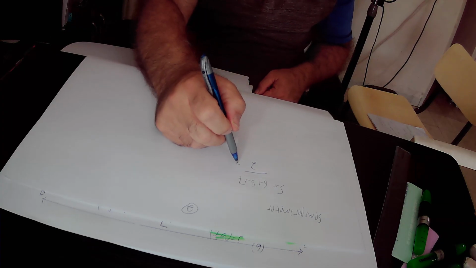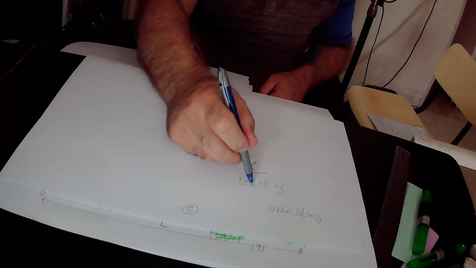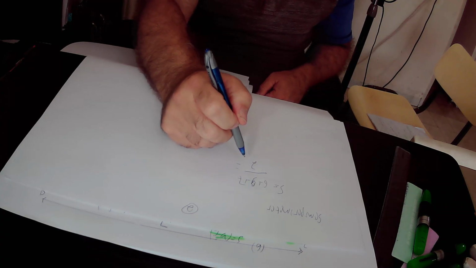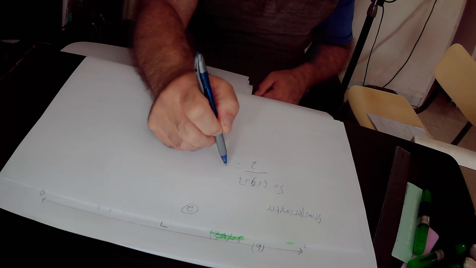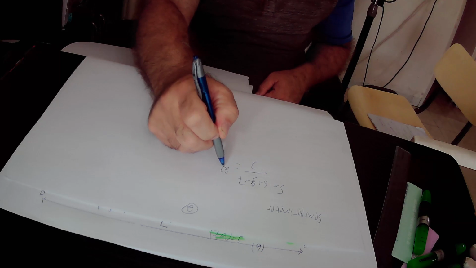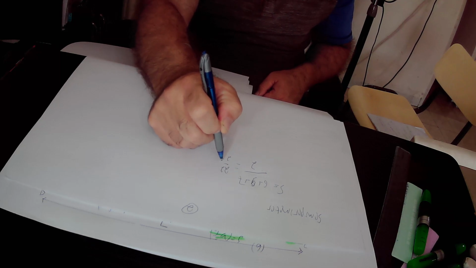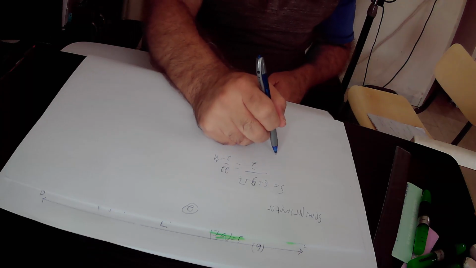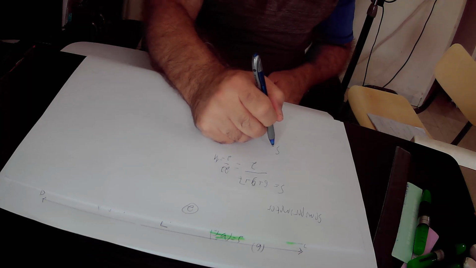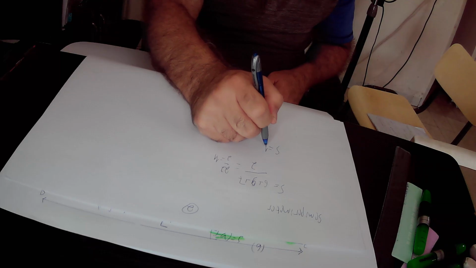So S equals 6 plus 9 is 15, and 15 plus 7 is 22. So it is 22 over 2, that is 11. The semi-perimeter of triangle ABC equals 11 units.